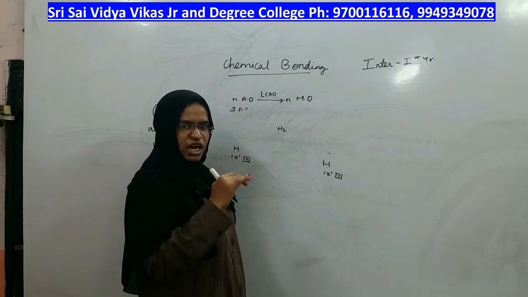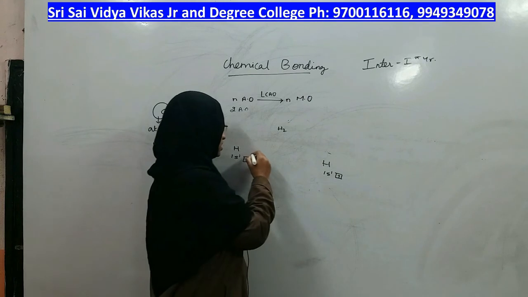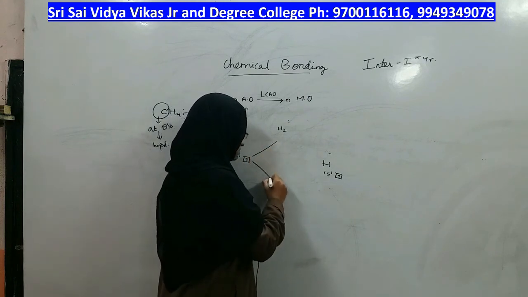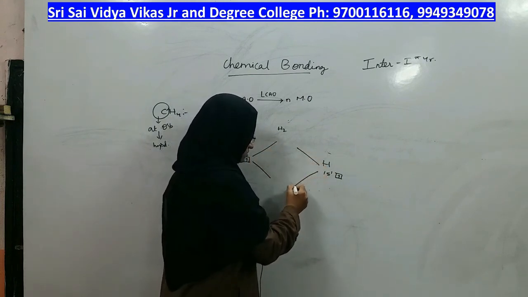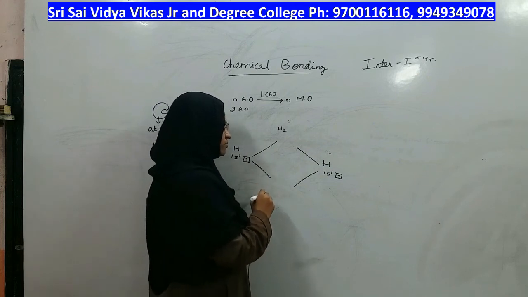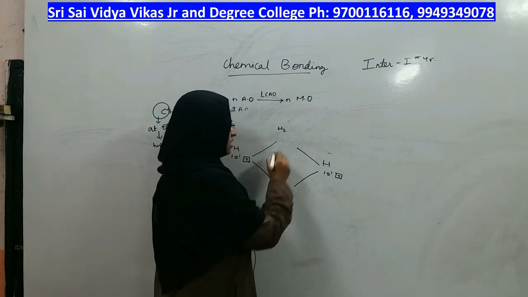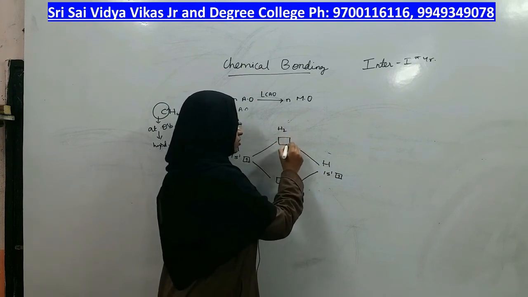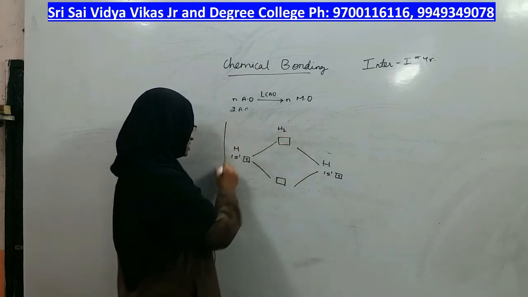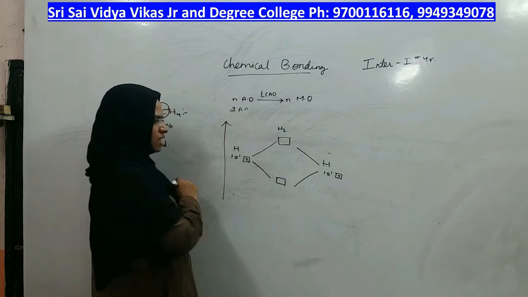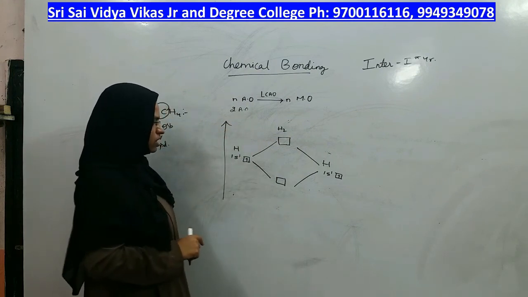Out of that, half becomes bonding and half becomes anti-bonding. The bonding ones have low energy, and the anti-bonding ones have high energy. This is the energy profile diagram of the hydrogen molecule.